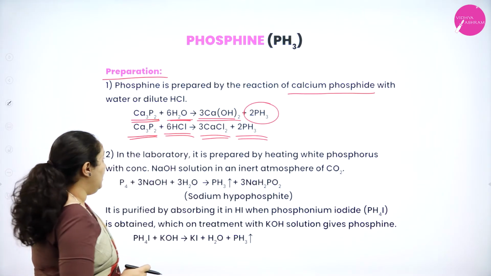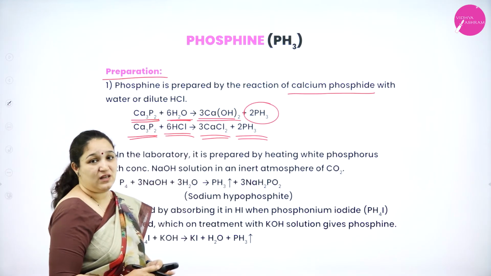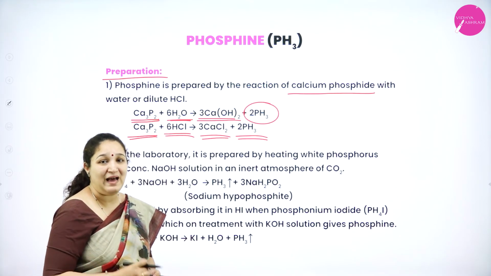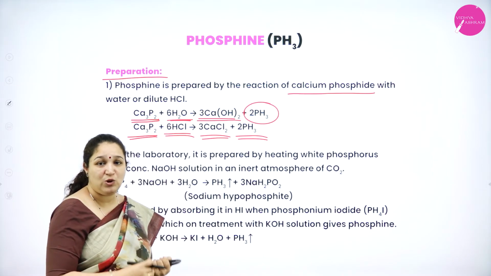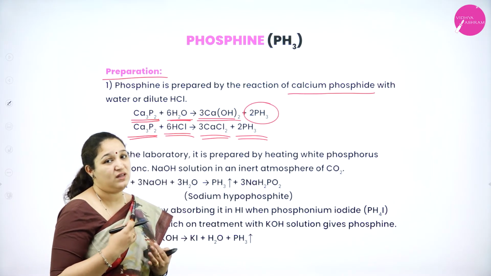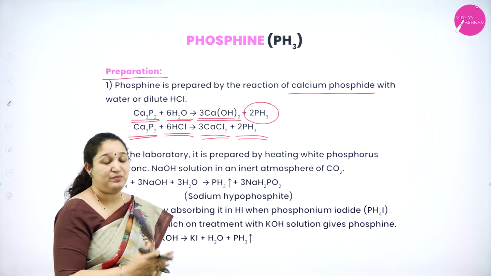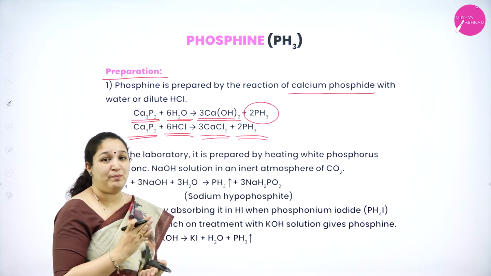Now, it is very important to balance the equations. I am repeating again, if you do not balance the equations, you will lose marks. It is equivalent to not writing the equation. Please don't expect marks in the final exam when you write the equation without balancing it.